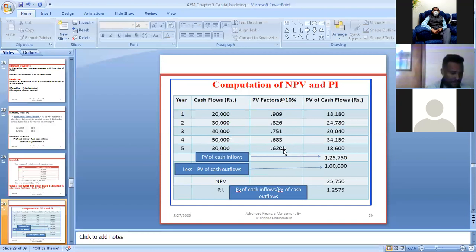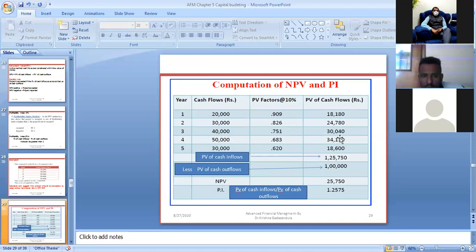These are the PV factors, present value factors. After multiplying, these are the values that you get. This is the present value of cash inflows.